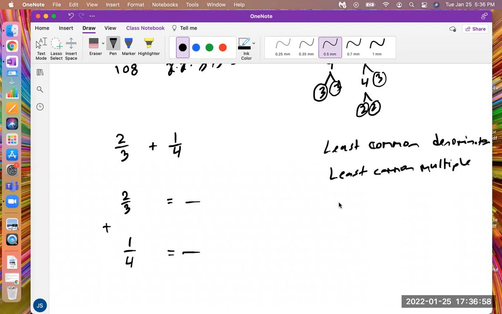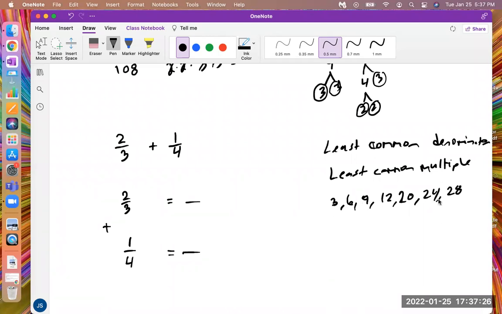And so one way of finding a least common multiple is just listing all the multiples of 3. So 3, 6, 9, 12. 3 times 1 is 3, 3 times 2 is 6, 3 times 3 is 9, 3 times 4 is 12, 3 times 5 is 20, 3 times 6 is 24, 3 times 7 is 28, and so on.